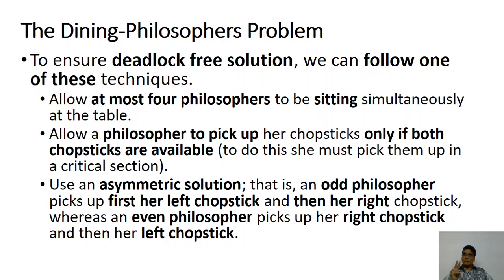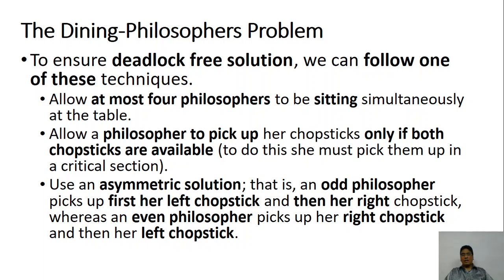If you want to eat, then get both of them. If you get stuck on the second one, release the chopstick that you have taken. Leave it back, give it to the others. So it's a decent way, and philosophers will always agree with that. Let the others eat and then you can eat.